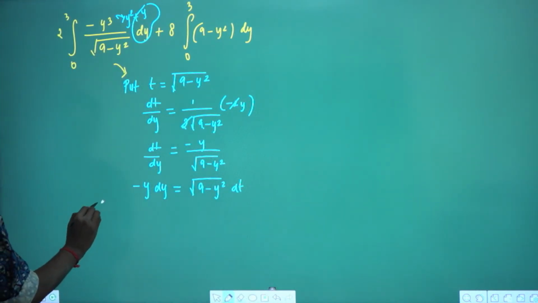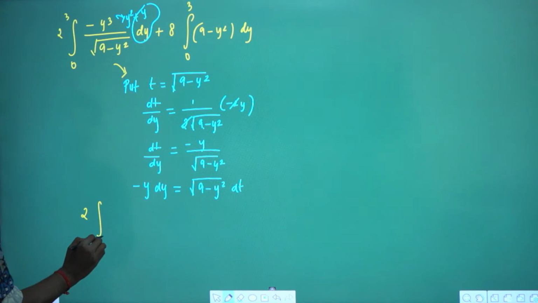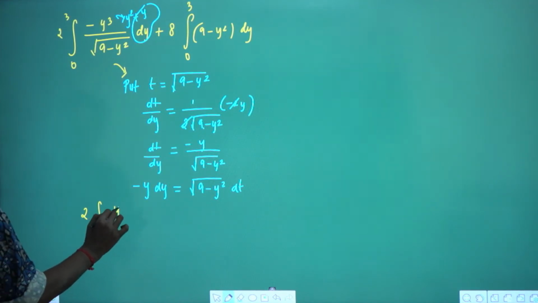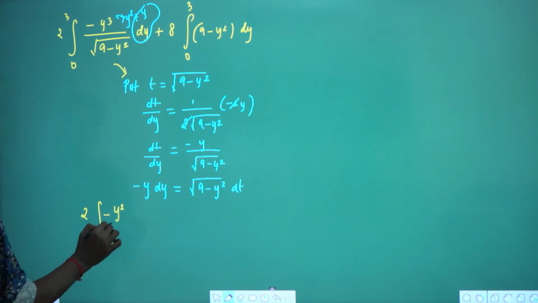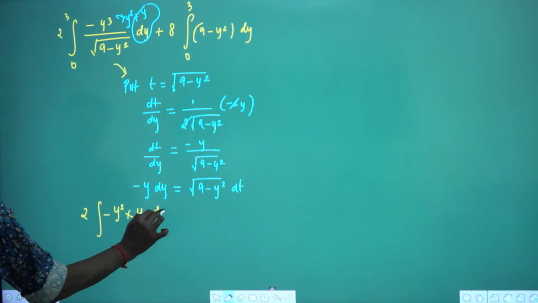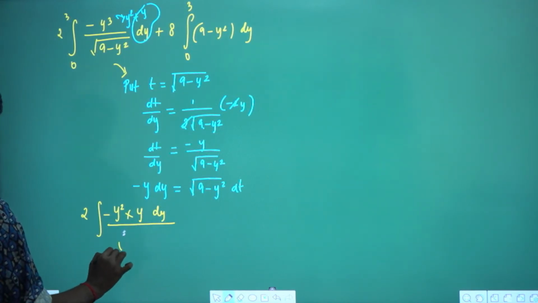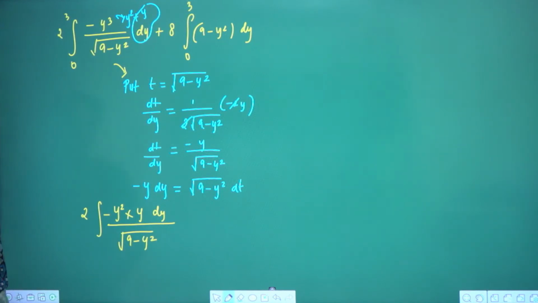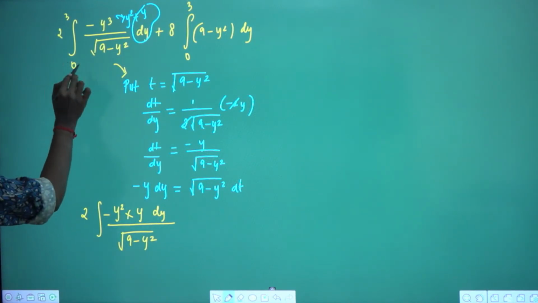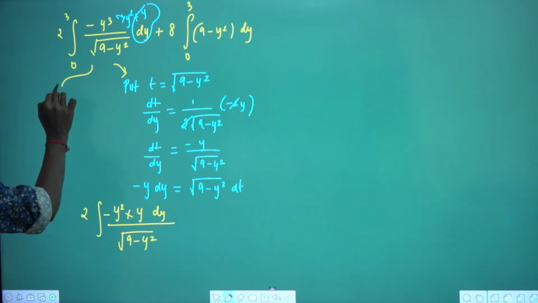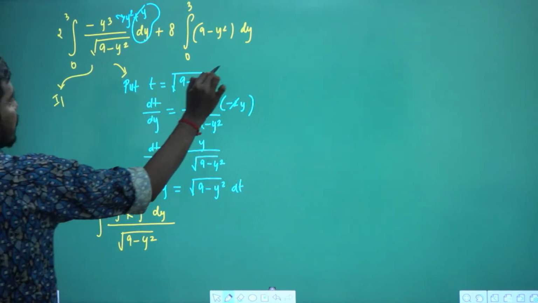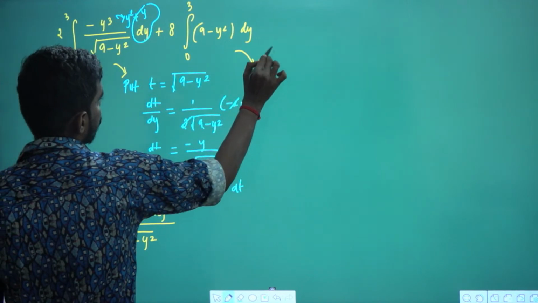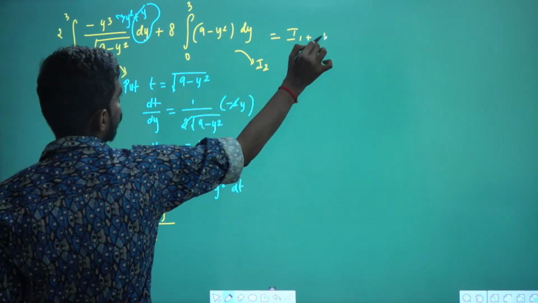So 2 times integration of minus y square into y dy divided by root of 9 minus y square, right? Let me take this as I1, let me take this as I2. So this is I1 plus I2.